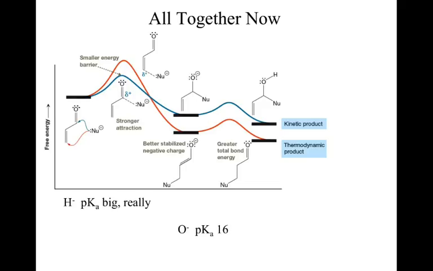So we smack that all together and try to do our interpretation. Our conjugate acid of our product puts us at a pKa of about 16. If our nucleophile was H-, the conjugate acid of that nucleophile is massive, stupidly big.